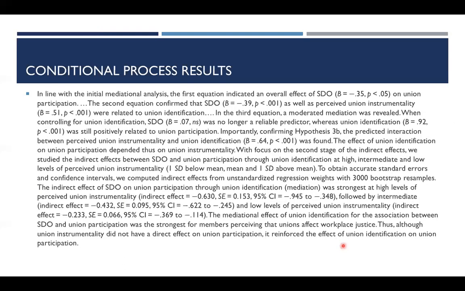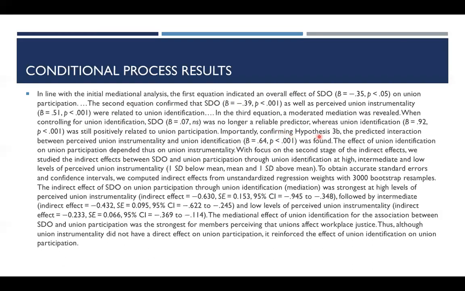Okay, so here's how they described their results. There is an overall effect of SDO on union participation. SDO and union instrumentality were related to identification. And then it says in the third equation, a moderated mediation was revealed. When they're controlling for union identification, SDO was no longer a reliable predictor, whereas union identification was still positively related.